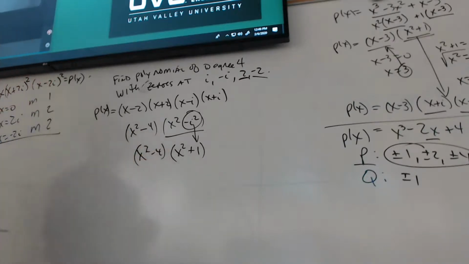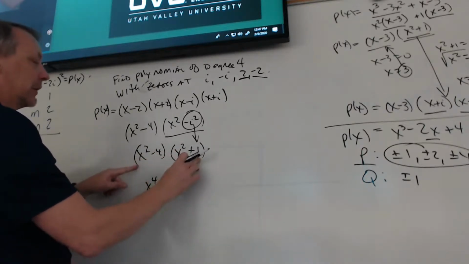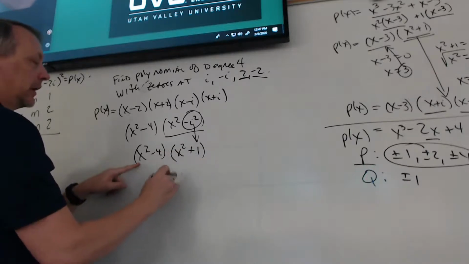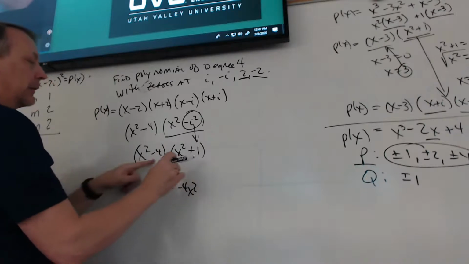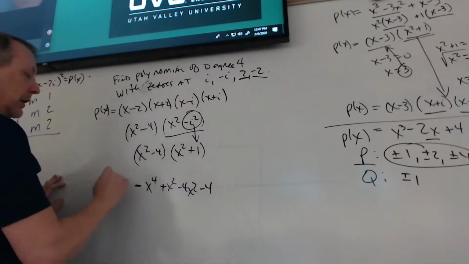I'm going to multiply those out, but I won't make you do it. I'll have Daniel do it. You can tag him since he's sitting next to you. So x squared times x squared is x to the 4th. x squared times 1 is x squared. Negative 4 times x squared. Negative 4 times 1, negative 4.